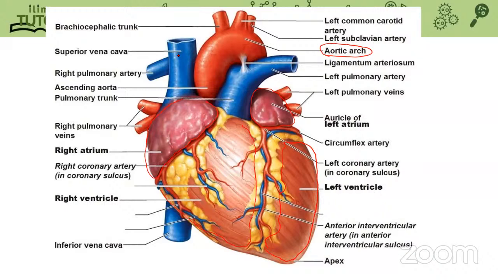We can see the superior vena cava here, as well as the inferior vena cava here. We can see these two branches of the left pulmonary veins connected to the lung. And then we can also see these two branches of the right pulmonary veins. Okay.